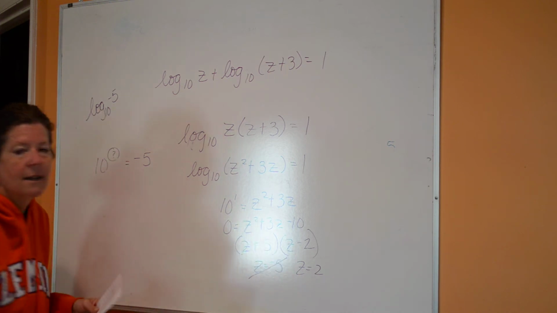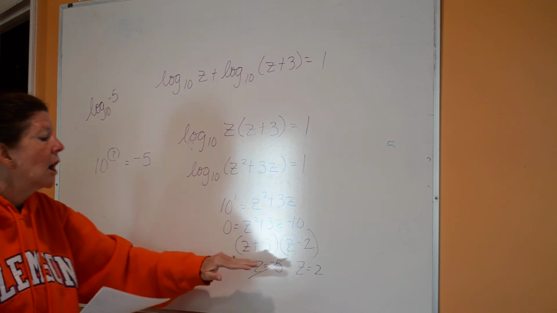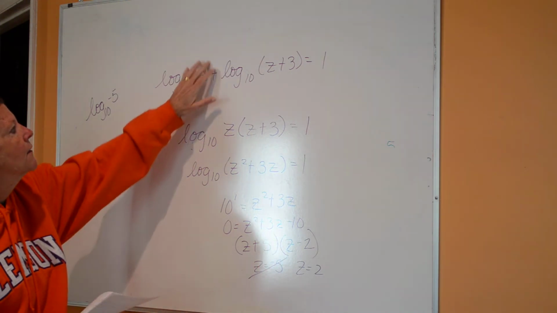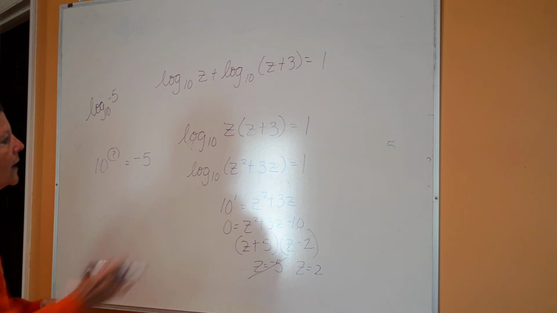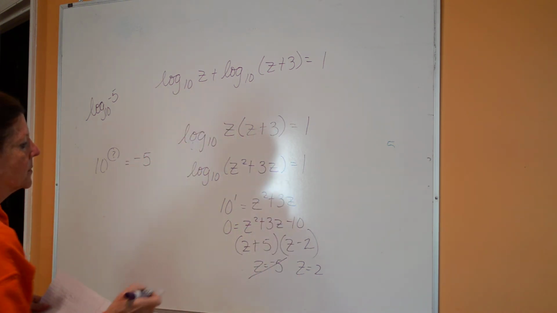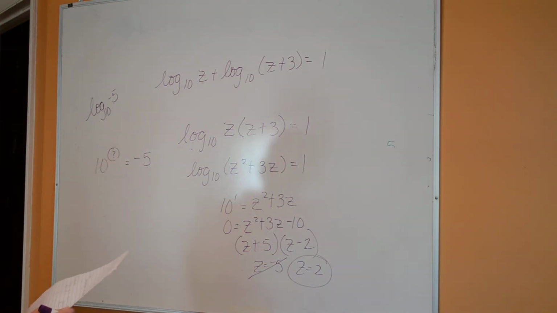So I know that does not work. Normally, depending on the equation, a lot of times the negative number does not work, but you have to plug it back in to see. If the variable is squared, then the negative's not going to make a difference. Now your 2 is going to work as you plug it into this problem. So your answer is just simply 2.